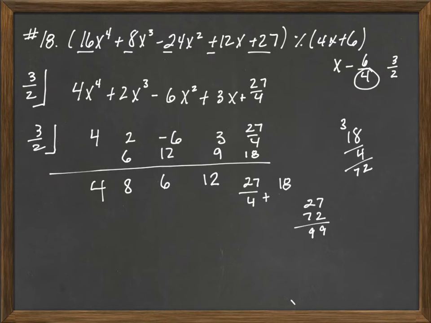So you would say 4x to the third plus 2x. Can't read my handwriting.